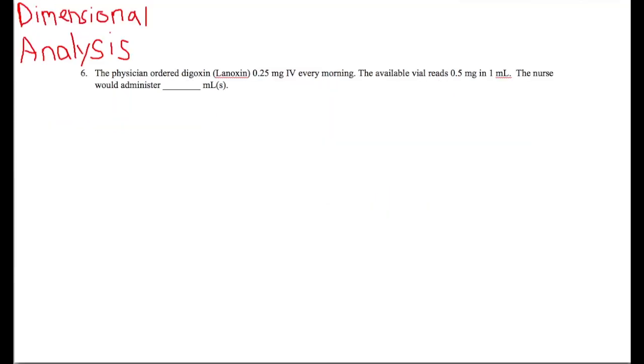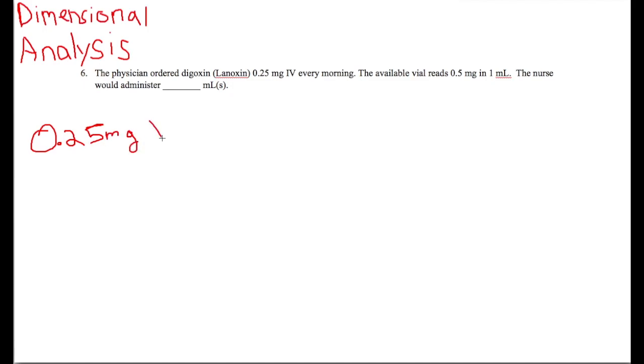Alright, problem number 6 is going to be our last problem. We have a physician that ordered digoxin 0.25 milligrams IV every morning. The available vial reads 0.5 milligrams in 1 ml. The nurse would administer how many mils? So we're trying to get rid of milligrams. We're going to take our ordered 0.25 milligrams.